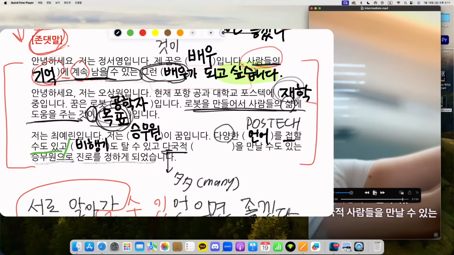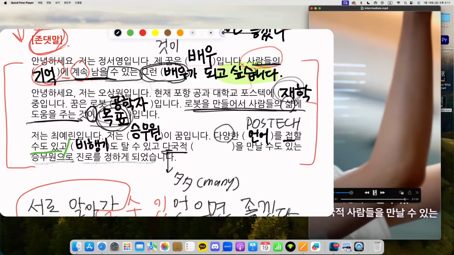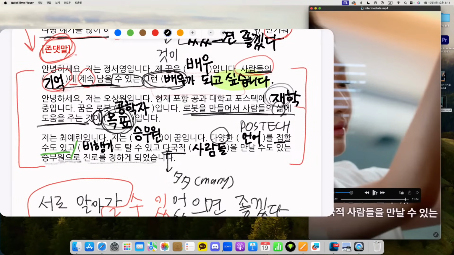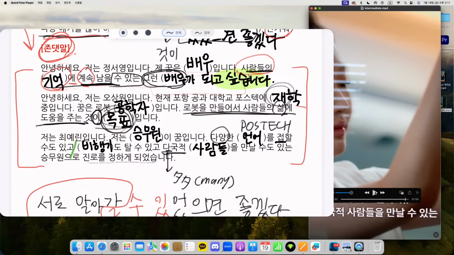What she says is 다국적 사람들을 만날 수 있대요. So 다국적 사람들 means people of various nationalities. 만날 수도 있는 그런 승무원, a flight attendant that can meet people of diverse nations, can get on a plane and encounter various languages.